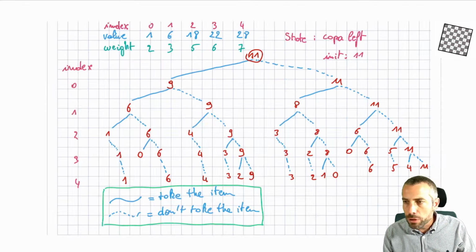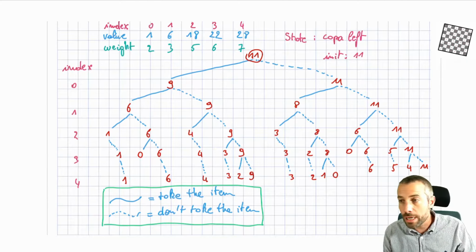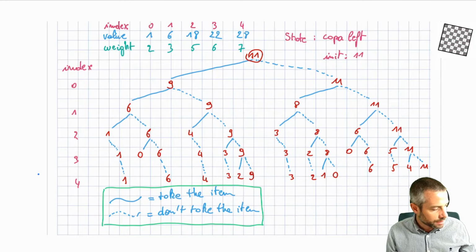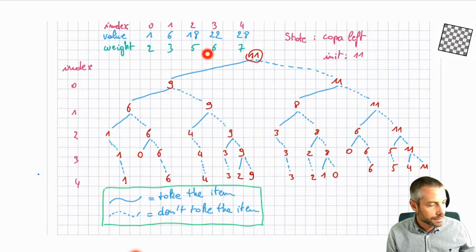So if you remember, the brute force approach was exploring a search tree like this one, okay? Of course, here you see that I have decided not to represent the nodes that would violate the capacity. So if you would take, for instance, the item 3, you have only one capacity left here. The item 3 is requiring 6 amount of memory.